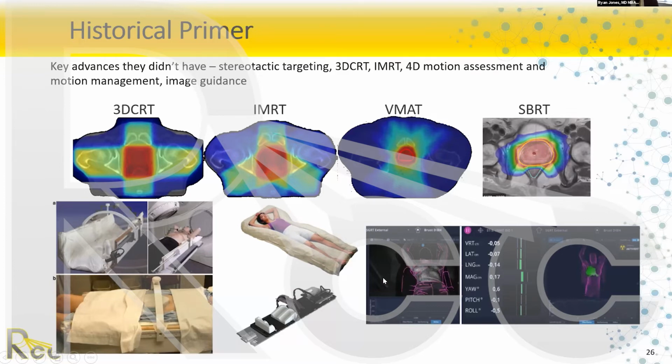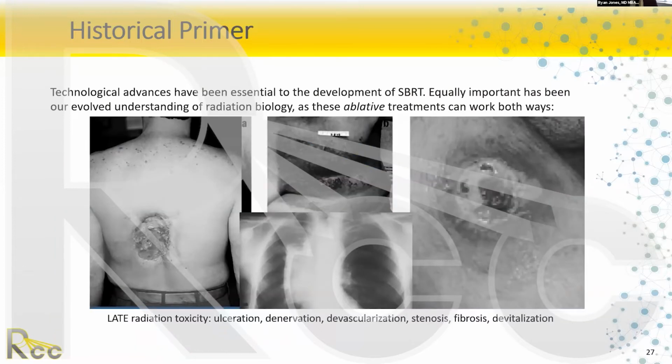If your immobilization device isn't quite as thorough as, say, a frame, you might monitor the surface of the body to make sure a patient doesn't move, to help provide some reassurance. These are key technological advances that made all of this possible, and without them, we might likely still be on small daily doses of protracted radiotherapy.